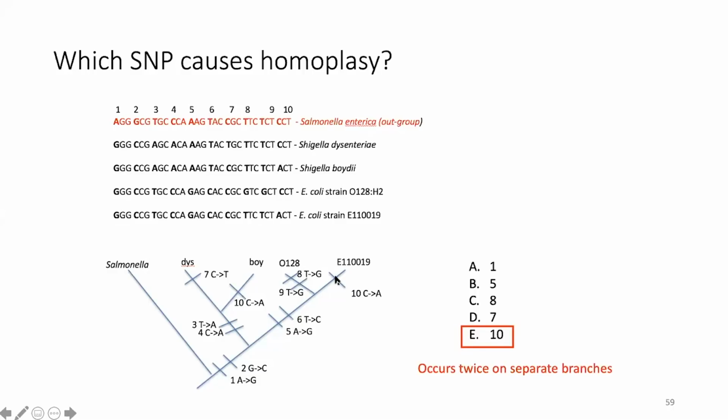And so this indicates that this C to an A evolved in position 10 two independent times in the phylogeny. This is a case of parallel evolution. So we try to minimize homoplasy, but sometimes there's no way around it. Parallel evolution happens, and this is a case of where it did happen.